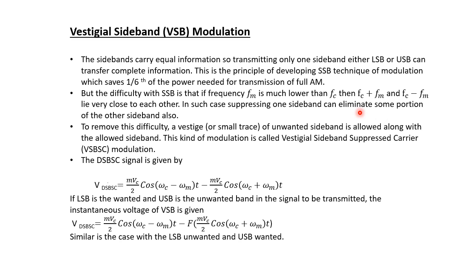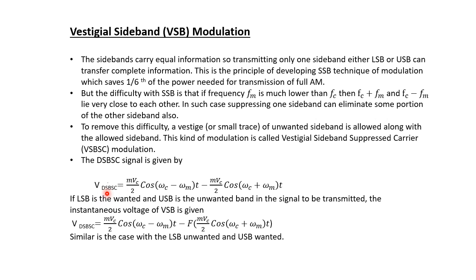Since we are keeping a vestige or a trace of the unwanted sideband in the AM wave, it is called vestigial sideband or VSB modulation.